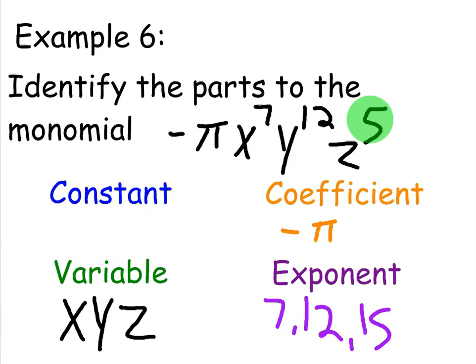Just thought of one more example. I'm going to go ahead and just do that one real quick on one sheet. And let's say we just have negative x. The reason I'm doing this, it's going to lead us to the next lesson. But okay, so we can already kind of take a look at this and see the variable is x. But what is the coefficient? Okay, we know there's no exponent. What's the coefficient? Well, as it turns out, negative x is the same as negative 1x.